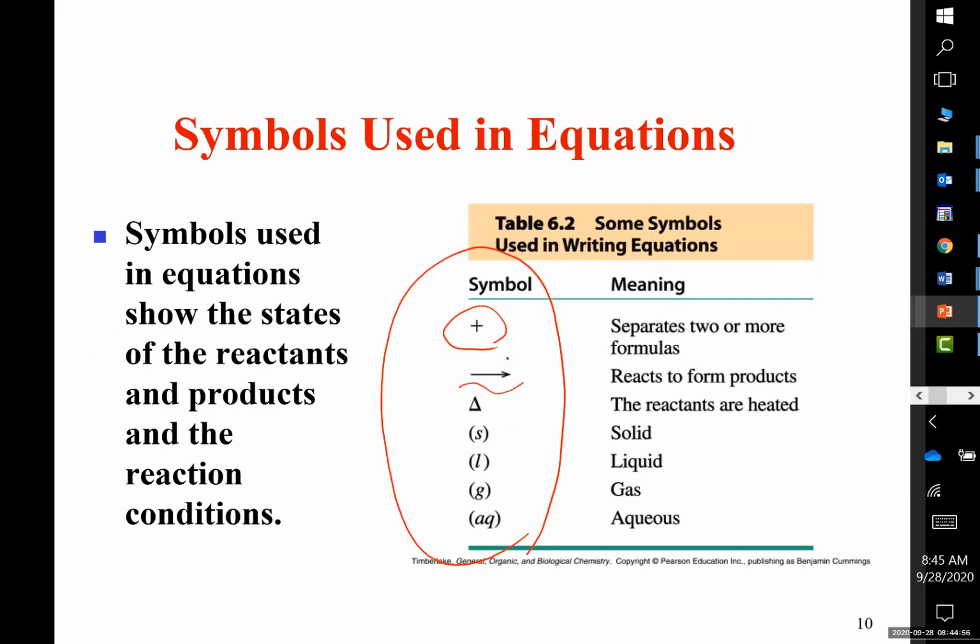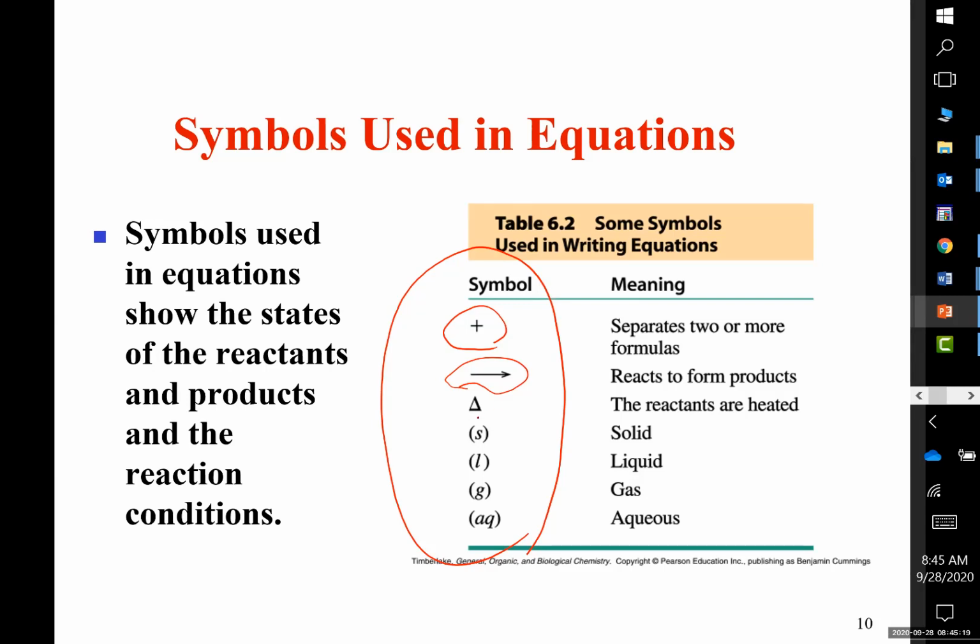We use an arrow. It shows changes from reactant to product. It shows formation of products from reactants. Sometimes a chemical reaction does not happen unless you use heat.